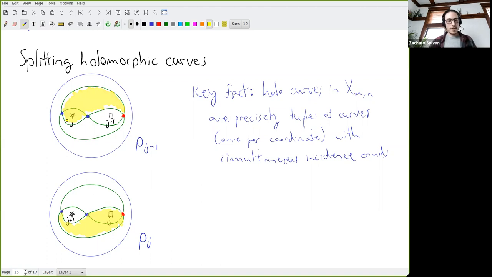It turns out that, up to rotating the parameterization, there's a unique disk that has the top component in row j minus 1 and the bottom component in row j.